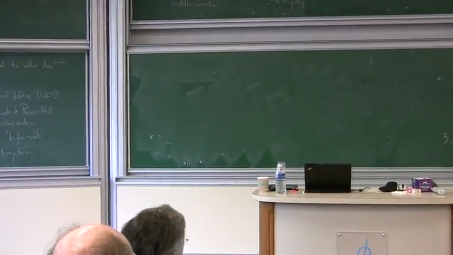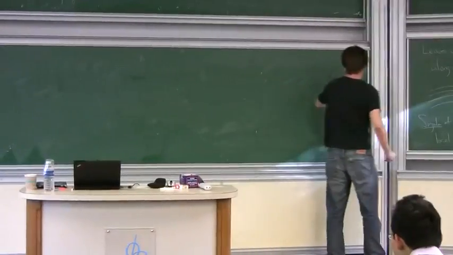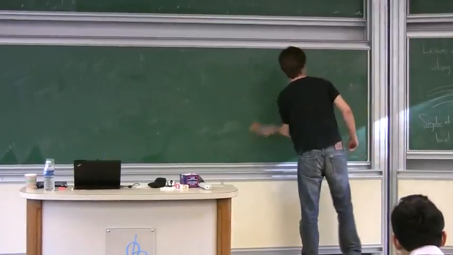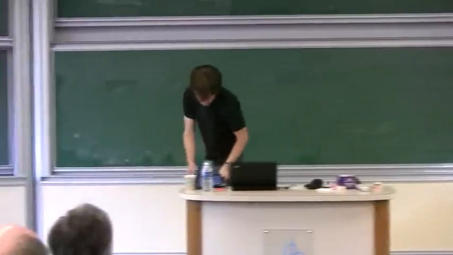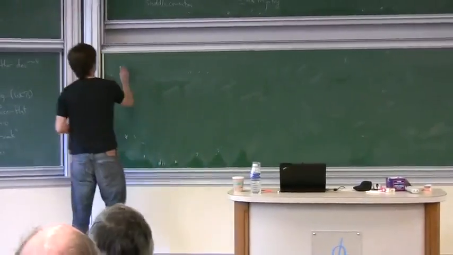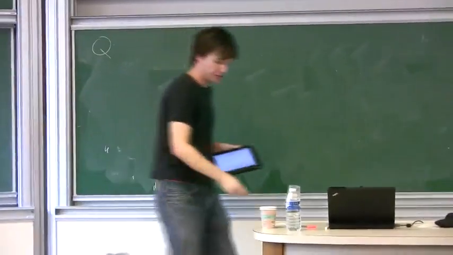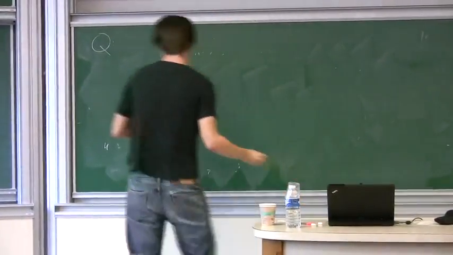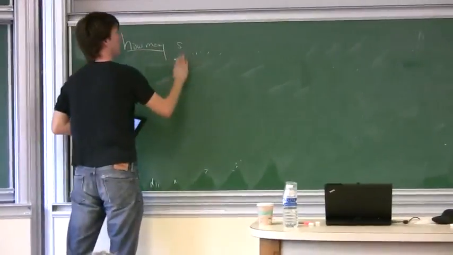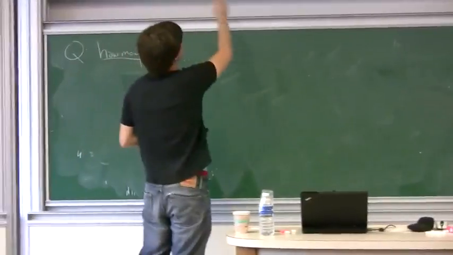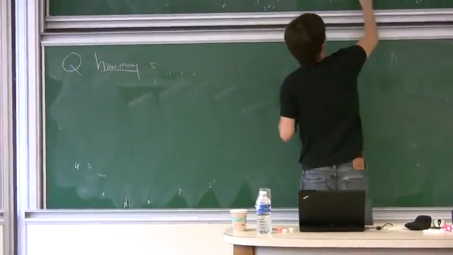So I want to define these integers. I want to define the integers omega of gamma. So far I haven't told you even what gamma is. So the question, our interest is in this question: how many, so I'll call these things collectively special trajectories.